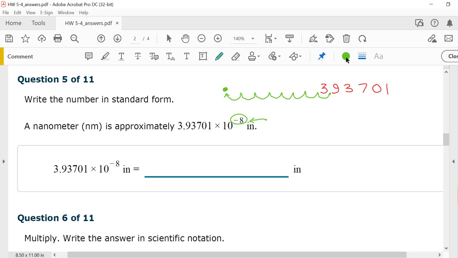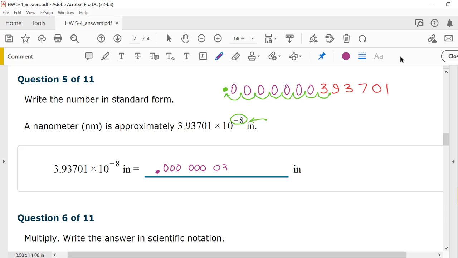Now look at all those places that don't have digits. You're going to put zeros in all of those. So how many zeros did I just write down? 1, 2, 3, 4, 5, 6, 7. So I need to write 7 zeros.